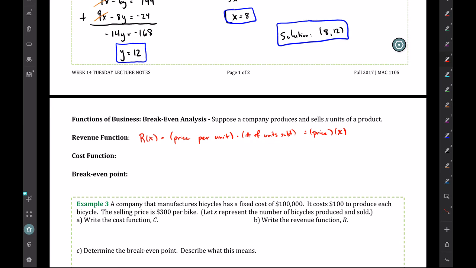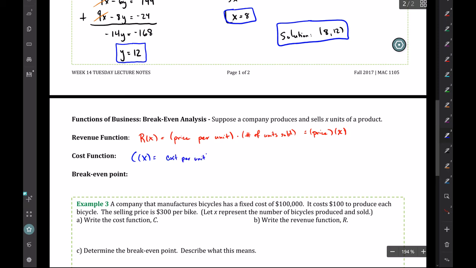Now the cost function is going to be the cost per unit times the number of units sold plus any fixed costs or fixed startup costs.